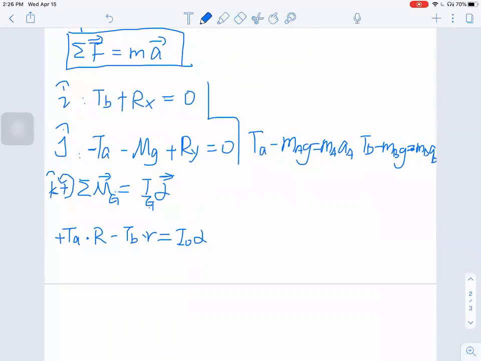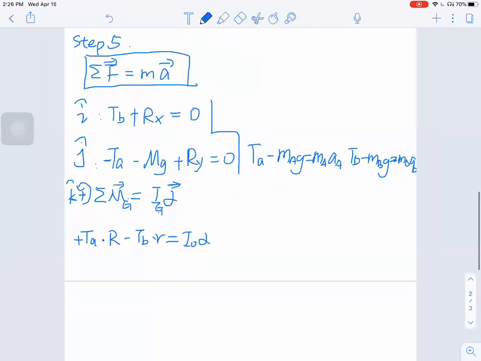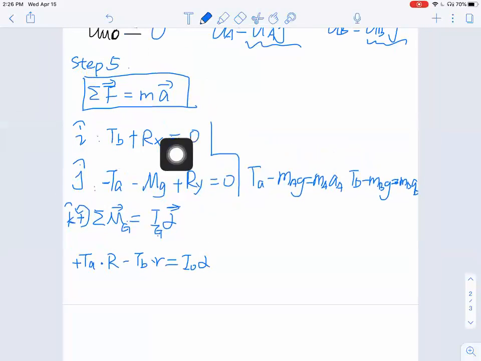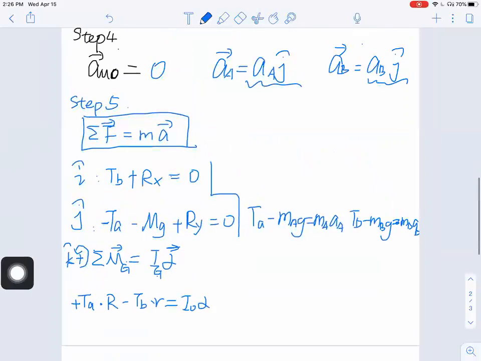Okay, and here we get our first equation. Now we already have two from I and J, and now we have a third one here.